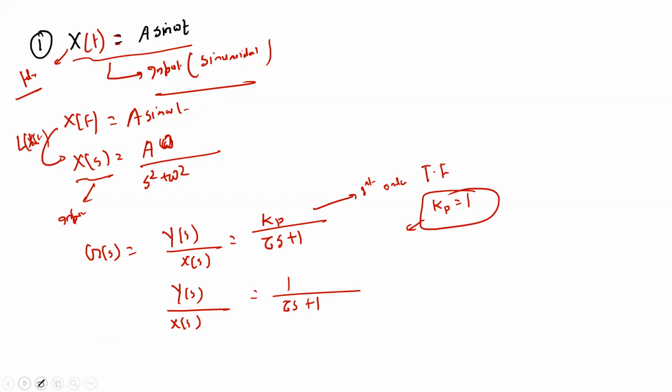Fine. So here we are trying to give a sinusoidal input, X(s), which is equal to A omega upon s square plus omega square, right? So the output Y(s) will be A omega upon s square plus omega square multiplied with 1 upon tau s plus 1.